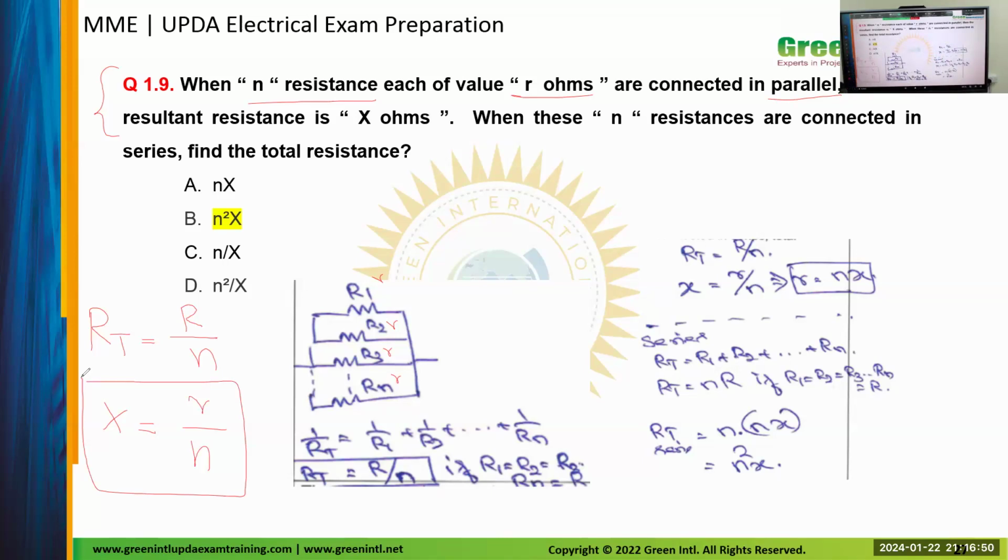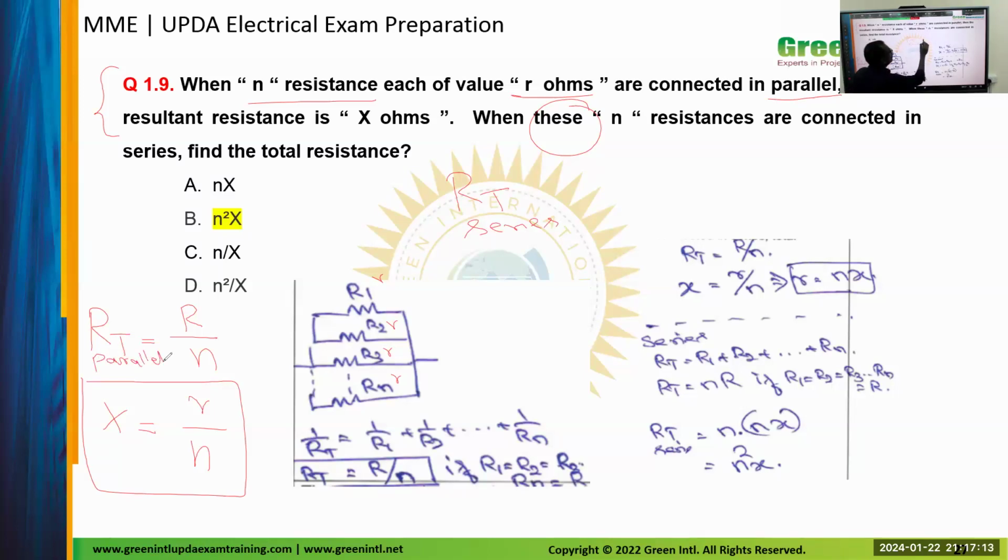Now we go to the second line. When these N resistances, which means the same R ohm resistance, are connected in a series circuit, to avoid confusion I use the word RT series.